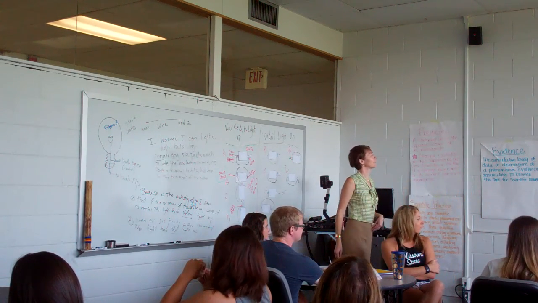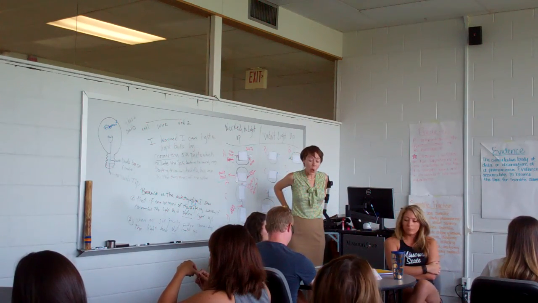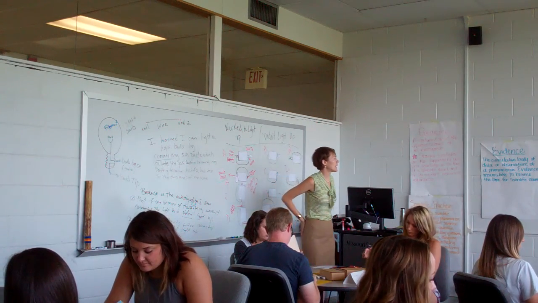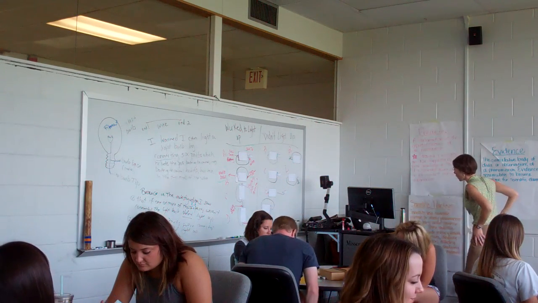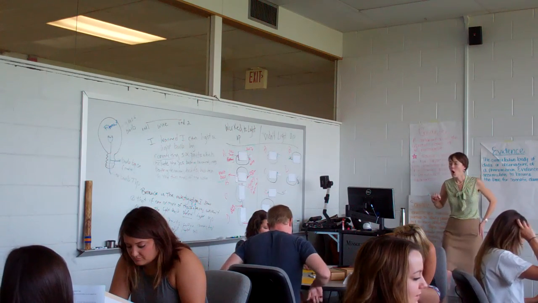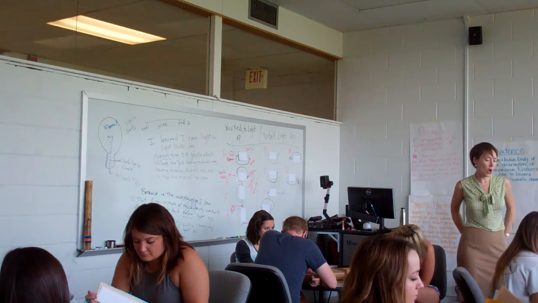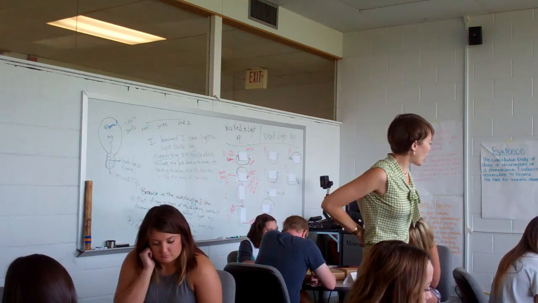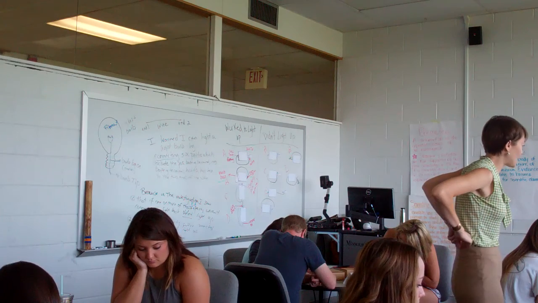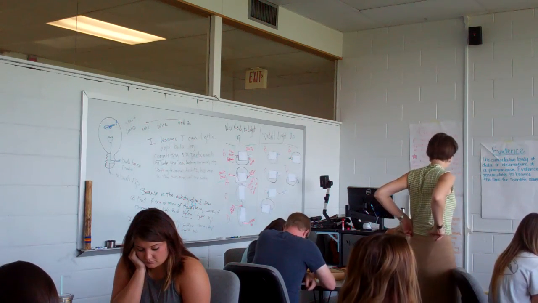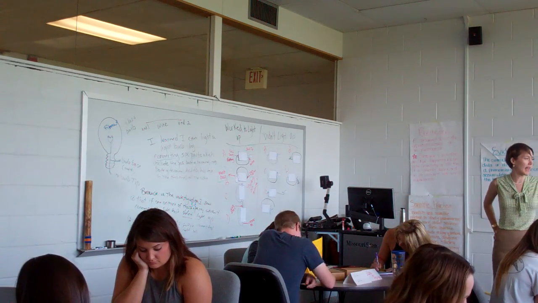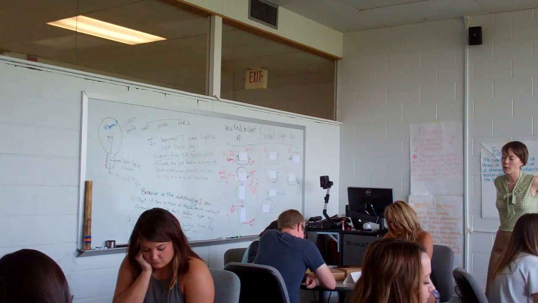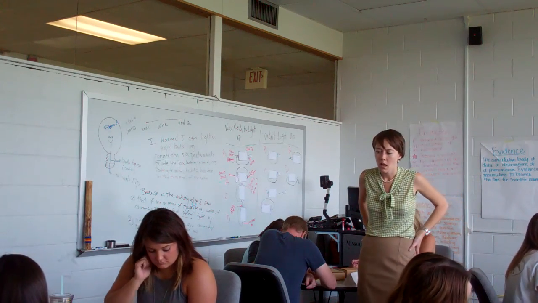Okay, pull out the gold sheet, and what I want you to do is talk with your colleagues about the lesson that we did together. Talk about the parts. There's an engage phase, an explore phase, an explain phase, and on the back there's an elaborate phase and an evaluate phase, which I didn't really evaluate you, but you all will be evaluating your kids.